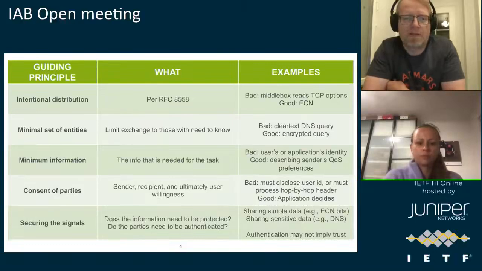Of course, you should have consent of parties. So essentially, both the sender that is willing to send some information, and obviously in this new explicit encrypted design model, only those who actually want to send something will be doing that. So that's kind of easily handled. But also the recipient and ultimately the user needs to be willing to do things. Some bad examples. Let's take an example of the recipient side.